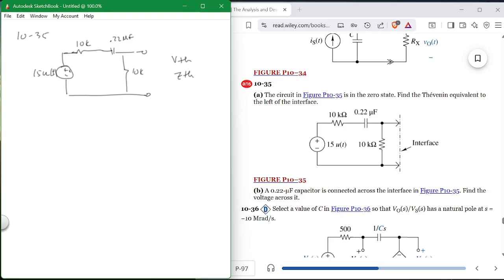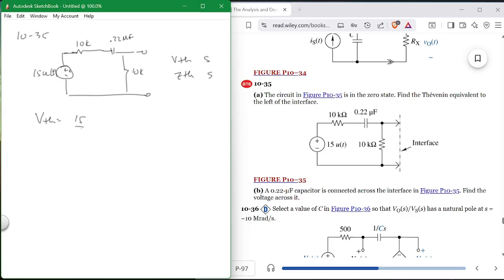Okay? In terms of the S domain, what would they be? What would be V Thevenin?